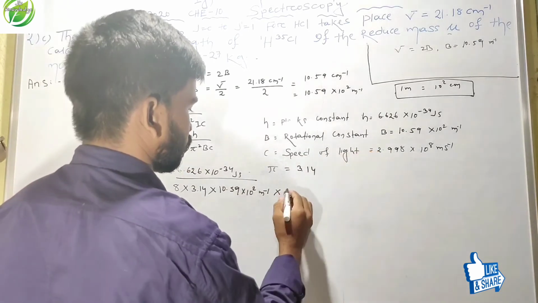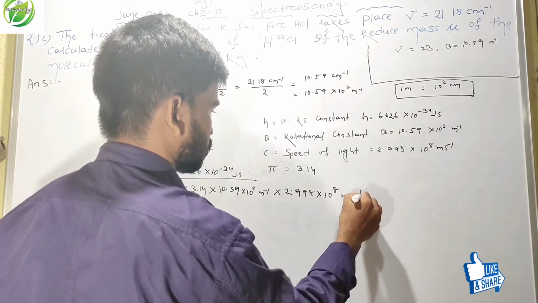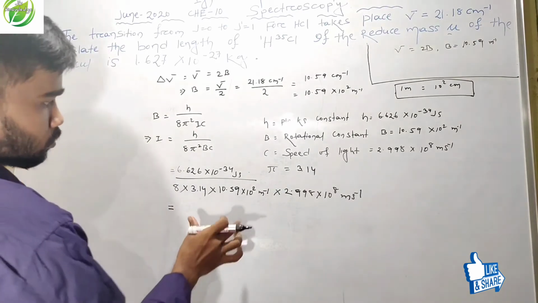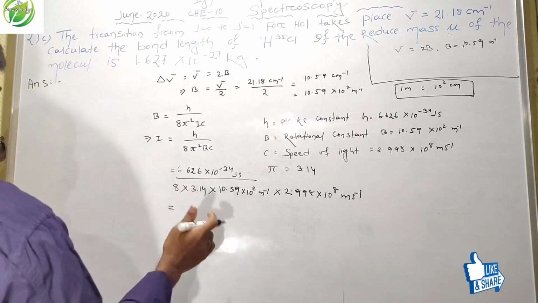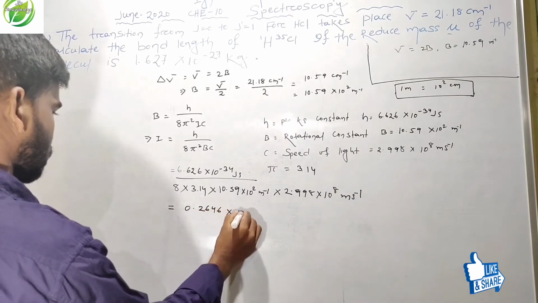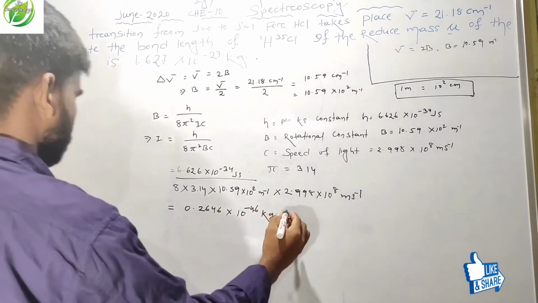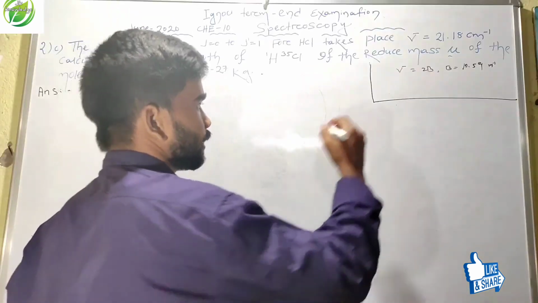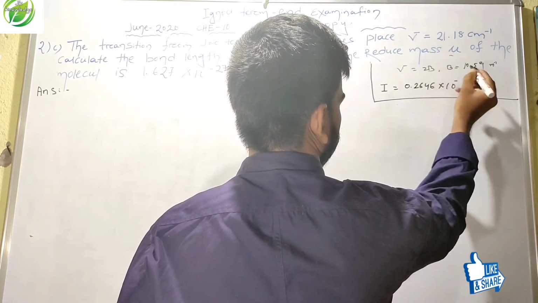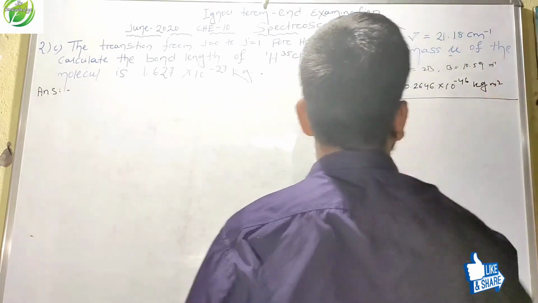We put the speed of light, 2.998 × 10⁸ m s⁻¹. Calculating all these values, we get 0.2646 × 10⁻⁴⁶ kg m². We have found the value of I as 0.2646 × 10⁻⁴⁶ kg m².